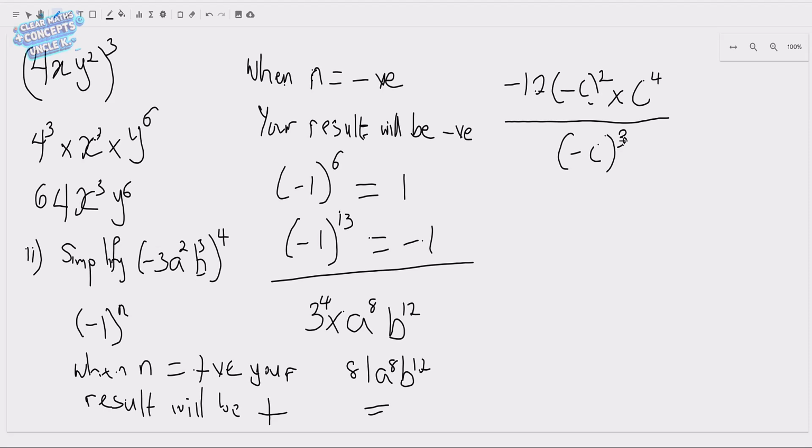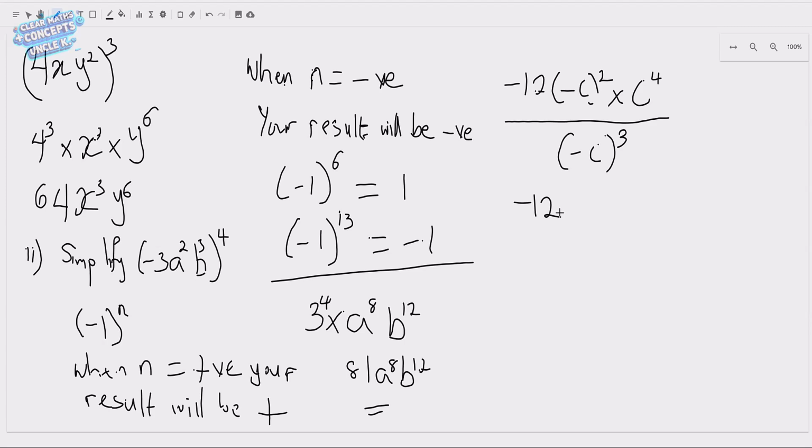Alright, so minus 12. The power 2 here does not affect the minus 12 because the minus 12 is not inside the bracket. The 2 only applies to minus c, as shown with the bracket. So minus 12 will remain alone. Then minus c is just like saying minus 1 times c.